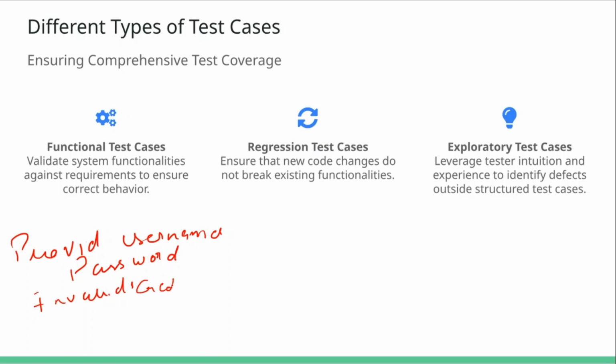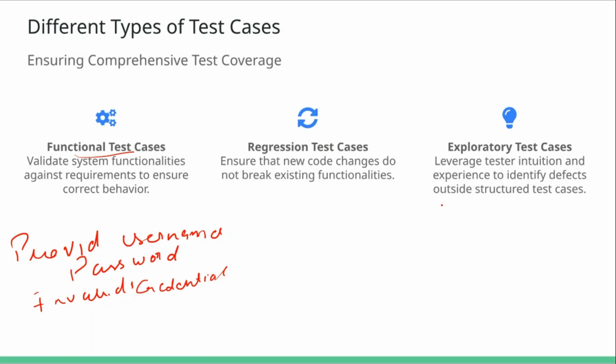Invalid credentials means either your username is invalid or your password is invalid. So this is your functional test, or you can also write tests about sessions, how your application is maintaining sessions and all other things. So all those things you can cover in your functional test case.